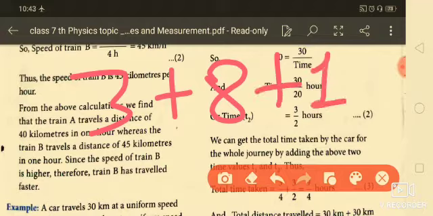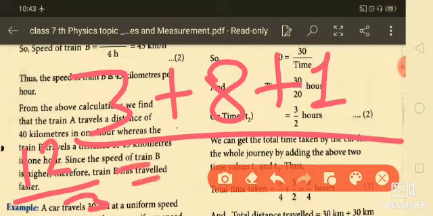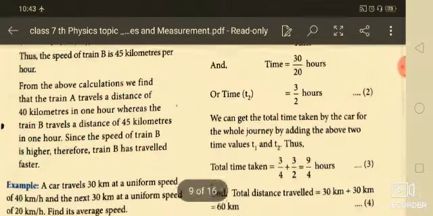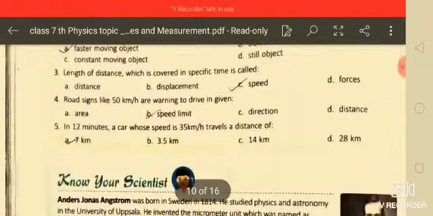So the total distance is 8 plus 3 is 11, plus 1 is 12, and it is finally divided by 3, and you will find that its average speed is 4 kilometers per hour. If there is a need to convert this unit into meters per second, then you will convert it, and you can also convert it into centimeters per second.